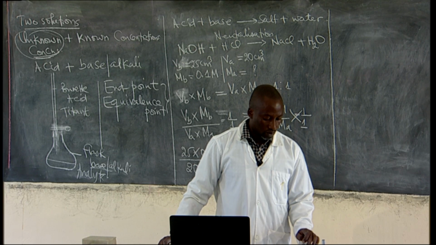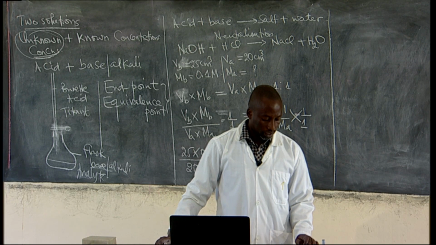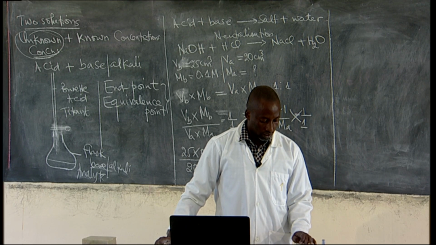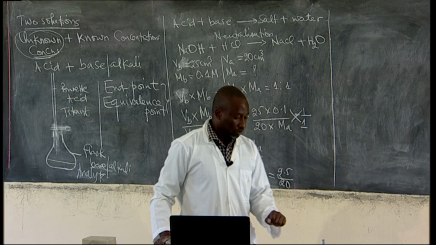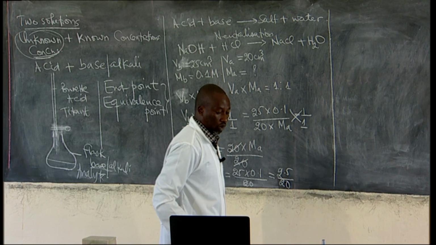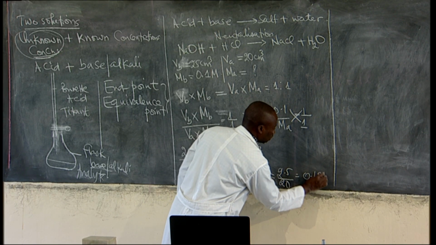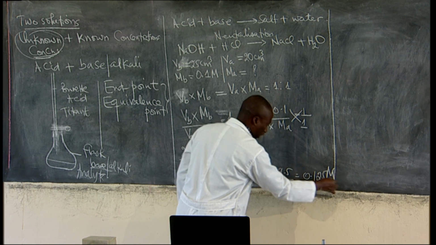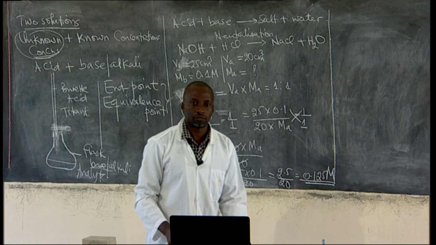You have 2.5, let us use the calculator together. 2.5 divided by 20. What do you get? 0.125. So 0.125 M, capital M, because that is the molarity.